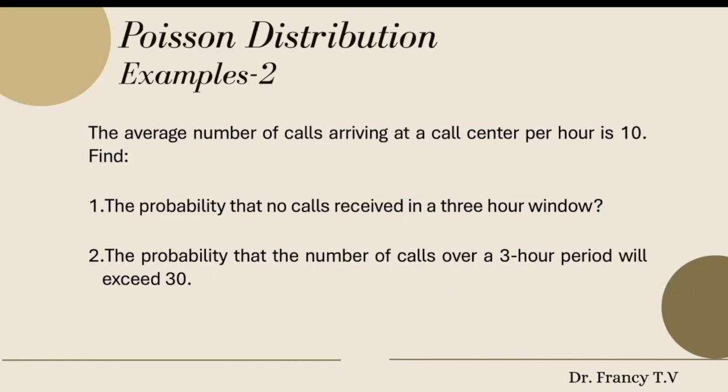So you can use Poisson distribution. You are given average number of calls is 10 per hour. But in our problem, we are considering 3-hour window. So our average is not 10, the average is 30. Since we are considering 3-hour window, average in a 3-hour window will be 30 calls. Therefore, we can use Poisson distribution with the parameter 30.